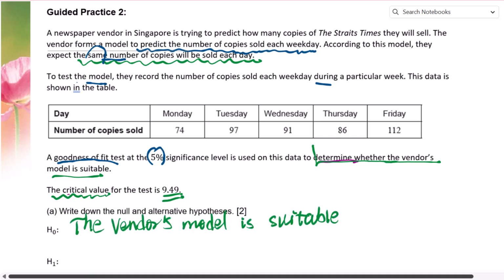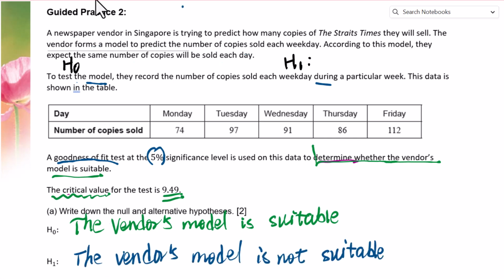H1, the vendor's model is not suitable. Or you can write down the model specifically for H0: the same number of copies will be sold each day. H1: not the same number of copies will be sold each day.